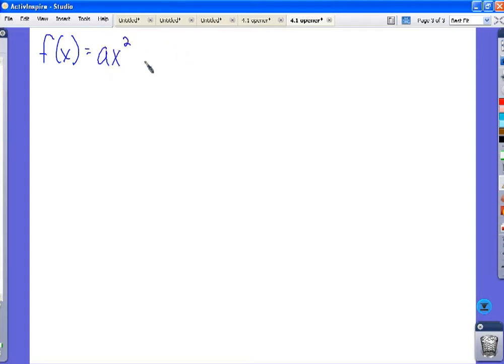All quadratics would include not just ax squared plus k, but ax squared plus bx, a number times just x to the first power. And then we say plus c. You get a number in front of x squared, a number times x, and then just a constant by itself. Anything that looks like this is a quadratic.